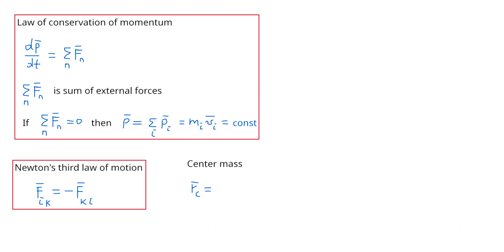That is equal to the sum of m_i r_i divided by m, where r_i are radius vectors of material points, and m is the mass of the whole system. So I can write where m is equal to the sum of masses of material points.